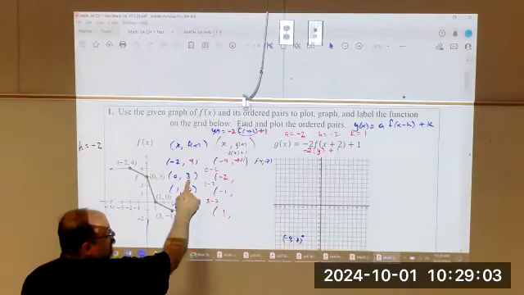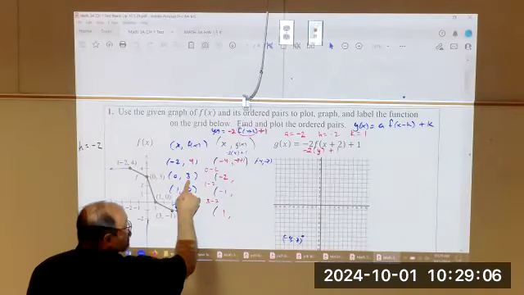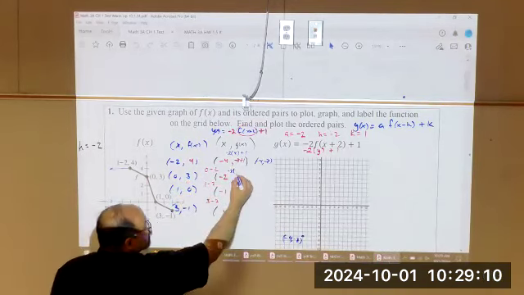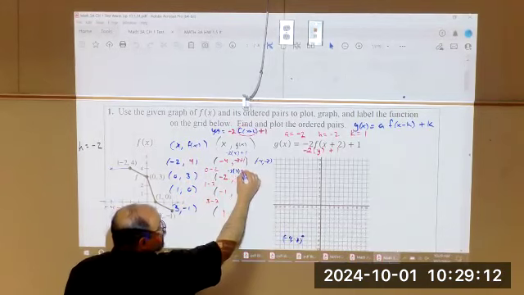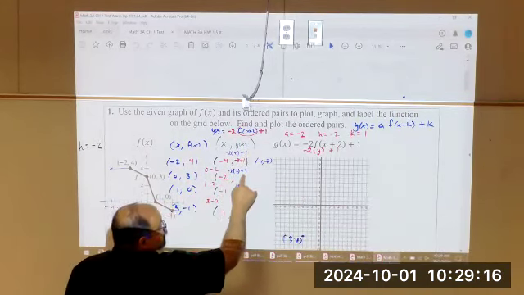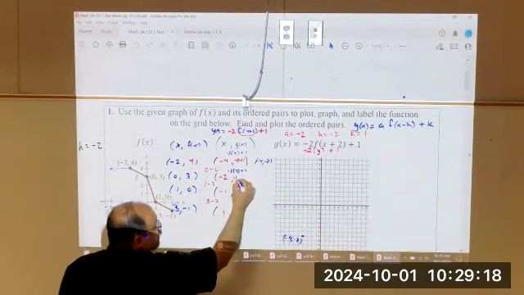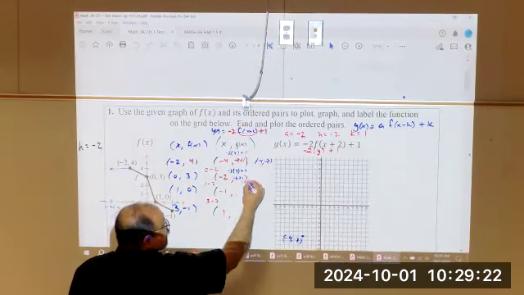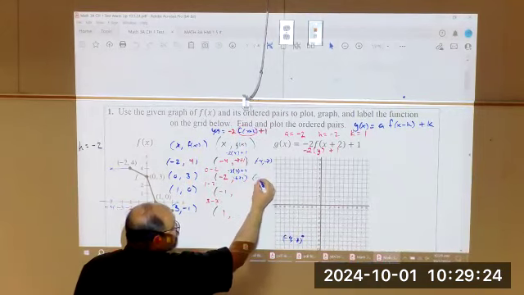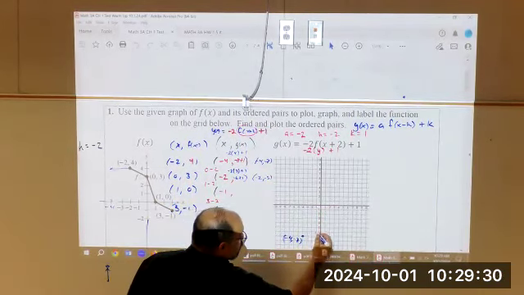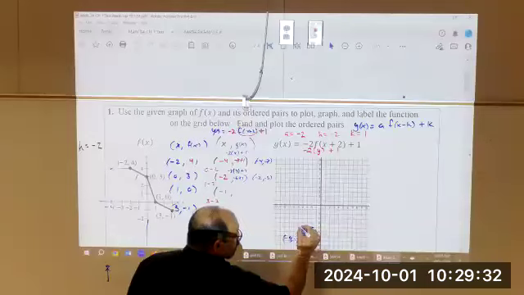We're going to take this y, multiply by -2, so -2 times this 3. And then we're going to add 1. That's the function, that's d. So we get -6 plus 1, and that's going to give us -2 and -5. So the next point is going to be at -2, -5.